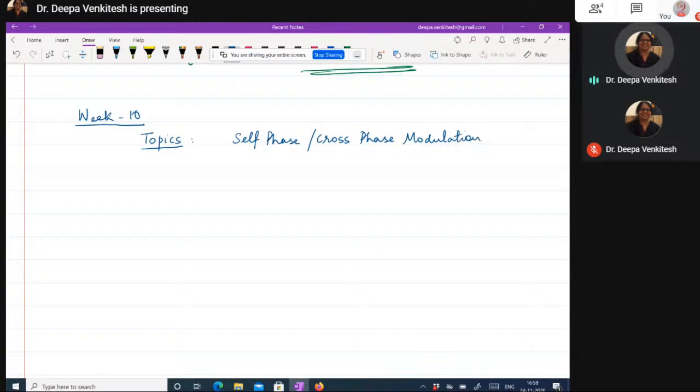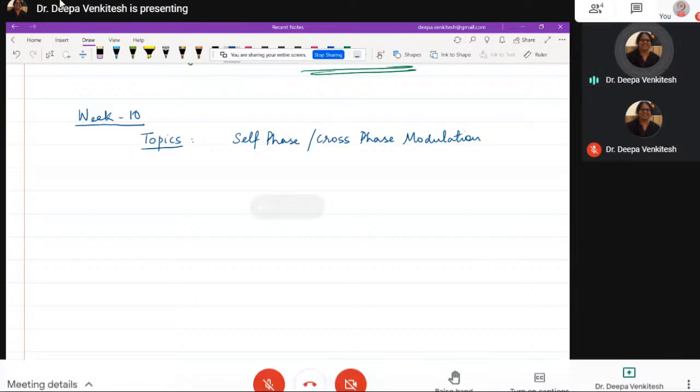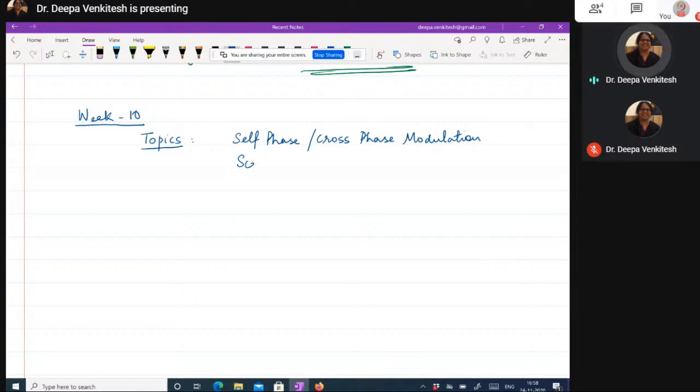I'm just writing down the topics that we discussed. We first discussed self-phase modulation, which we had discussed the previous week. We discussed cross-phase modulation. We also discussed the scattering phenomena, which are also nonlinear processes.